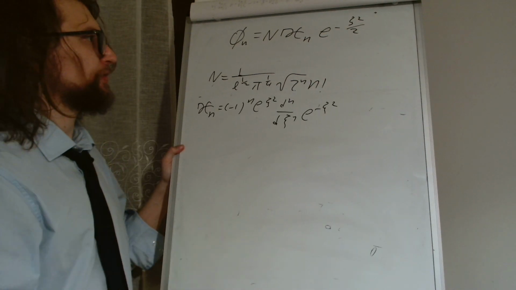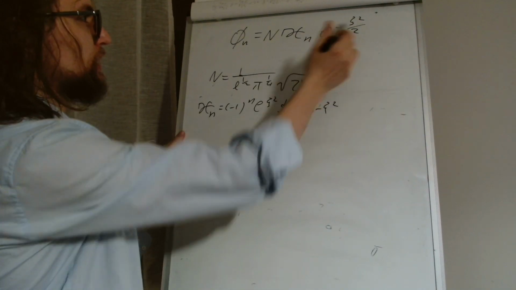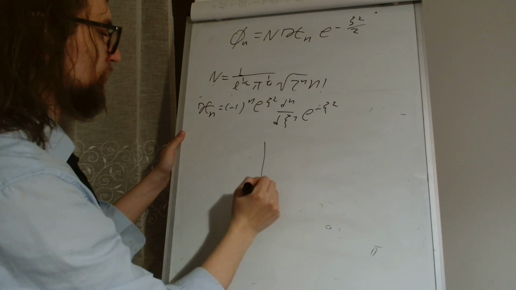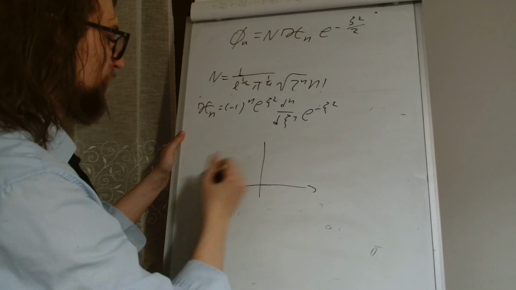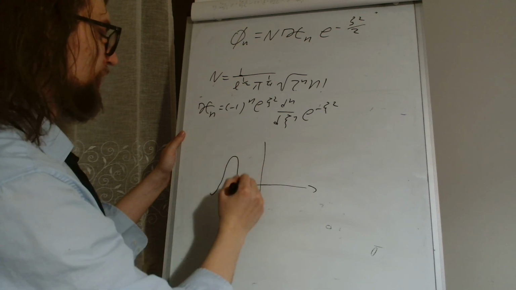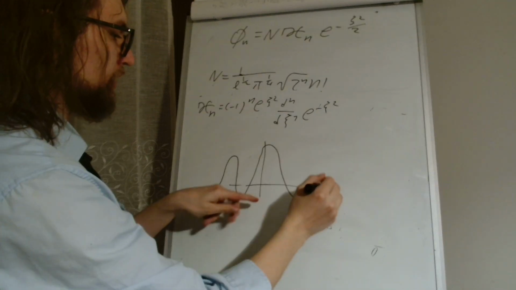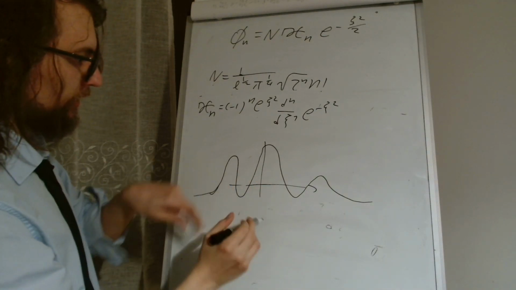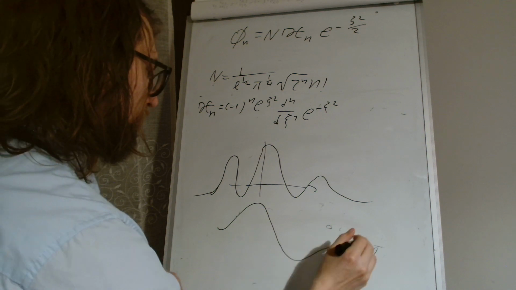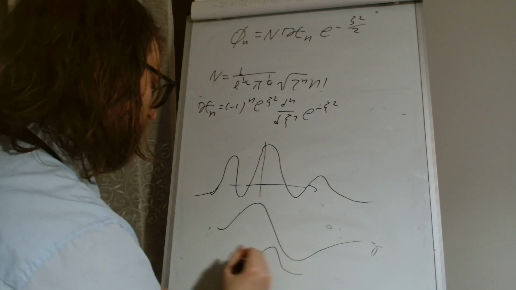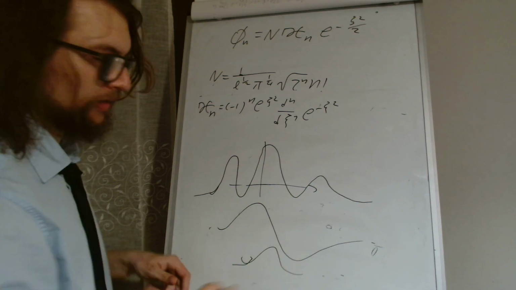So our functions are polynomials modulated by these decaying exponentials. If you plot them, you take a polynomial with a finite number of roots and it decays at infinity, something like this, or like this, and so on.